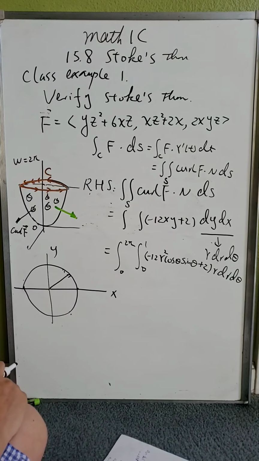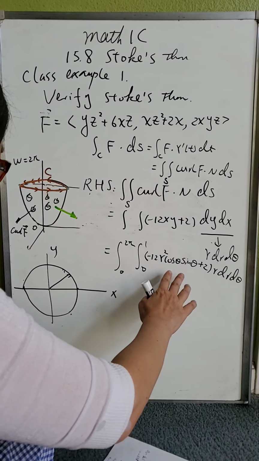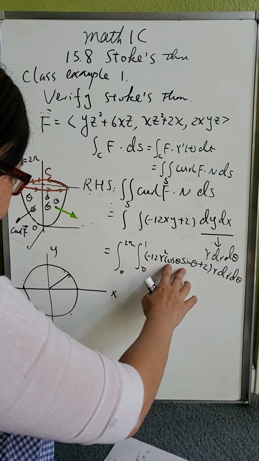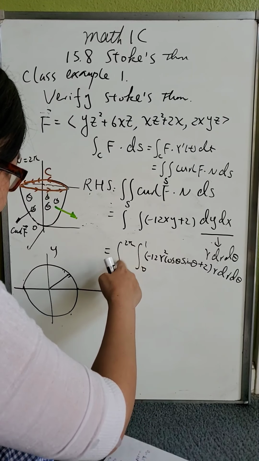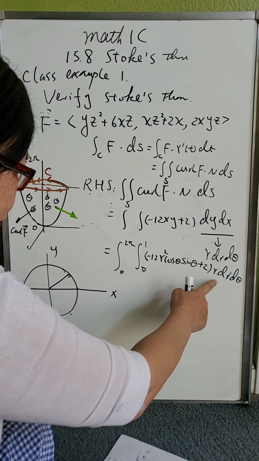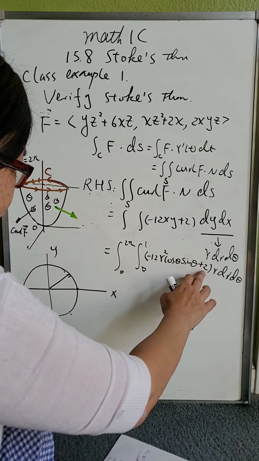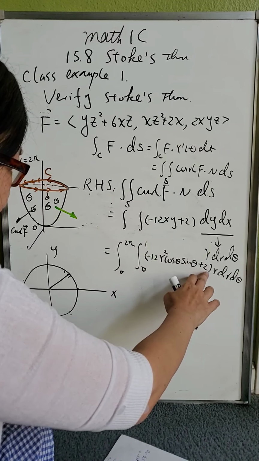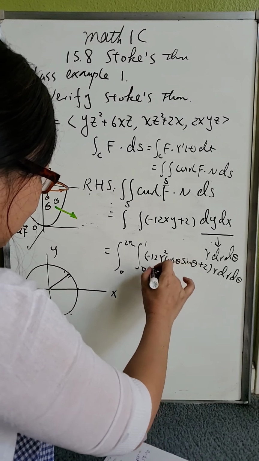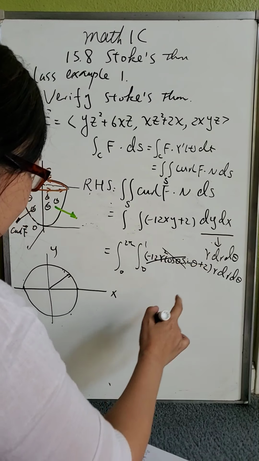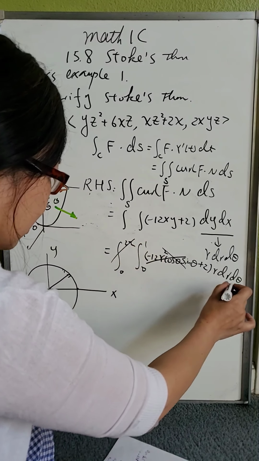And as I mentioned earlier, if you have an odd power here, it's going to be 0 over 2 pi. So if you want to do 2 pi first, you can do theta first. This is going to be 0, so this whole thing is going to be 0. And then this is gone.